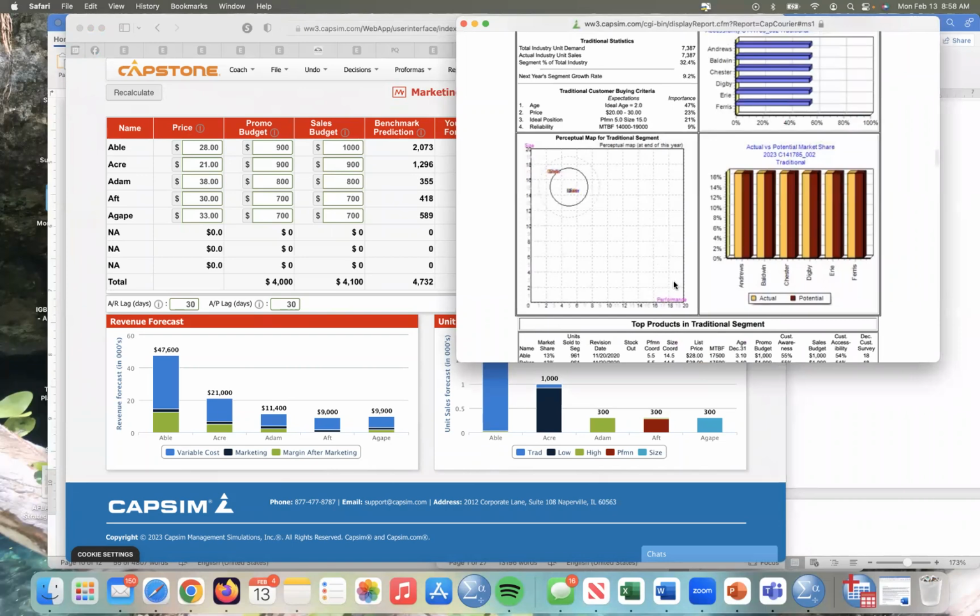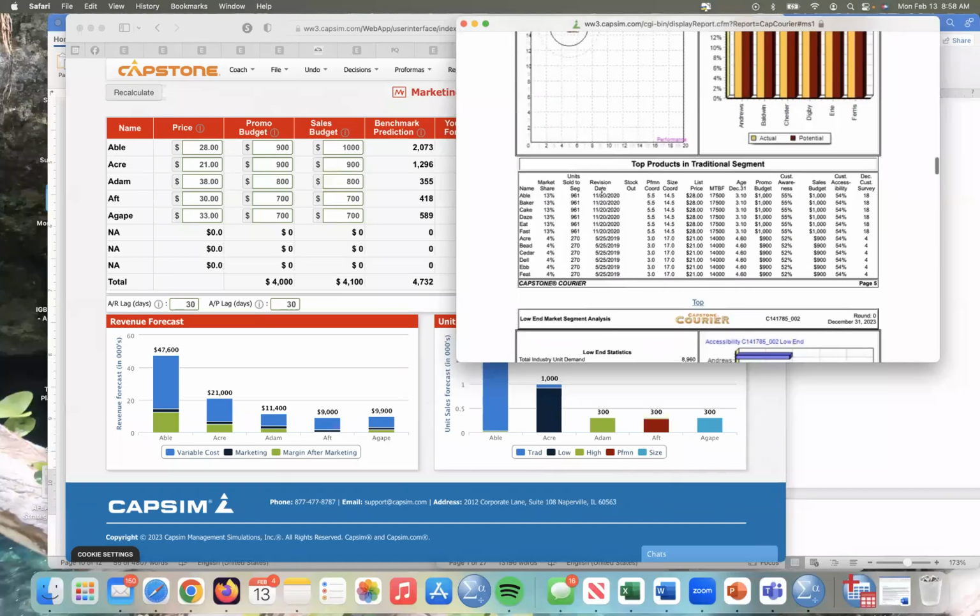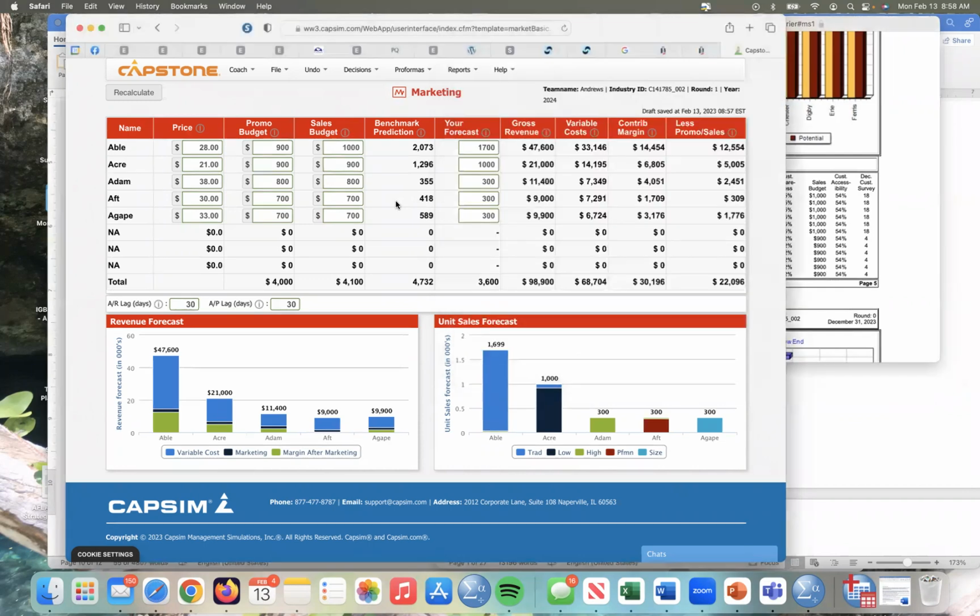But if you made some improvements on the product and you've also invested in promotion and sales, then we would want to bump up the demand accordingly. Now, how will you know? Well, let's say we want to increase our promotion budget and we want to figure out how much more to increase our forecast. And this forecast, I think we over forecasted for Able, so we're going to adjust that.